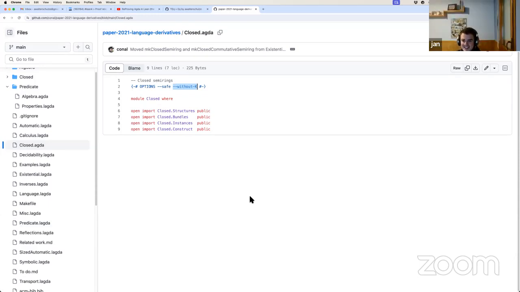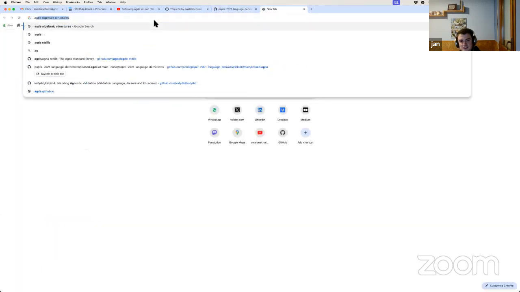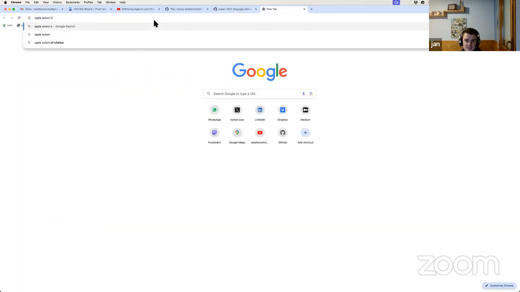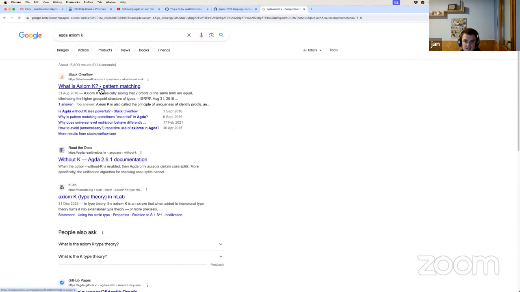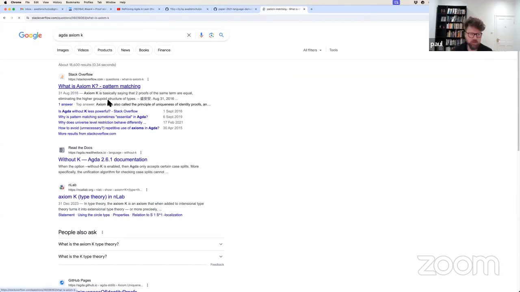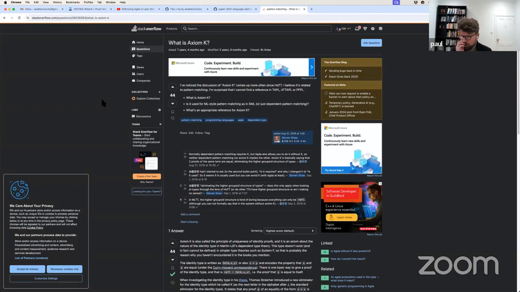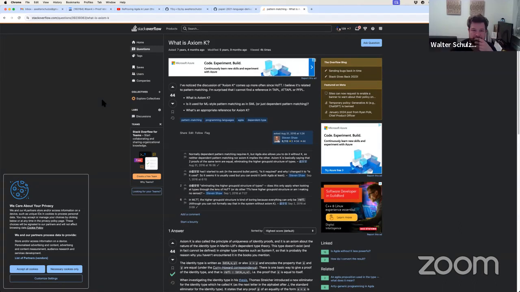Should we maybe Google the definition of axiom K to make sure we didn't mess that up? Yeah, so there are the docs for without K, which have some code examples.